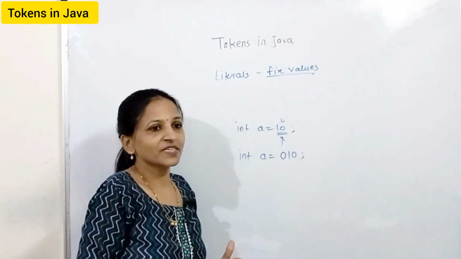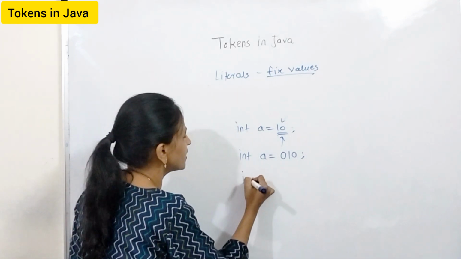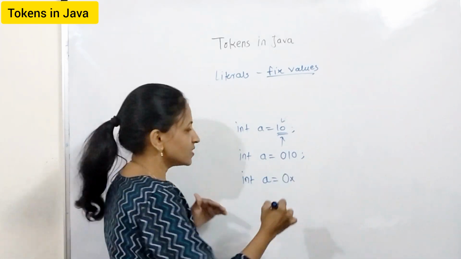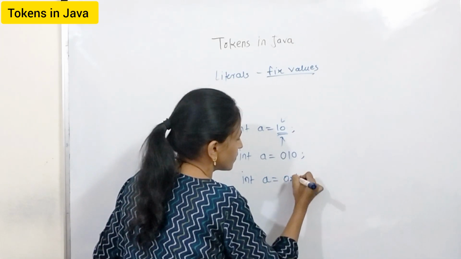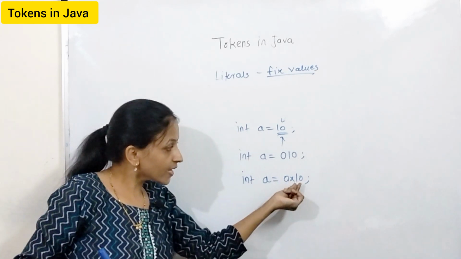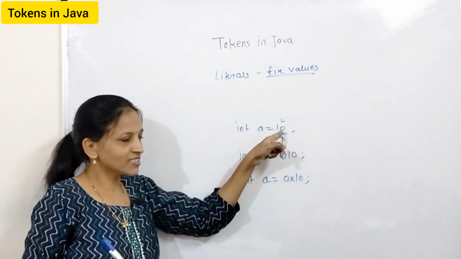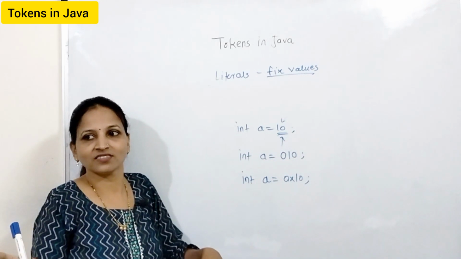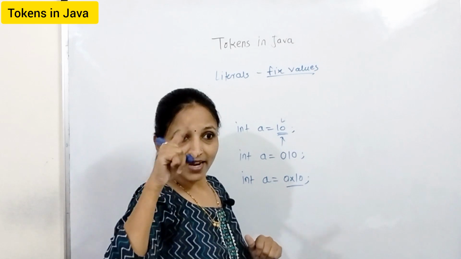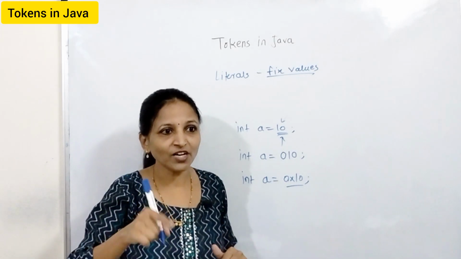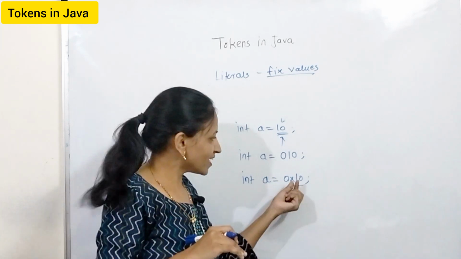Next, if you want to specify a hexadecimal literal, you write a equals 0x10, suppose. This is hexadecimal 10. In hexadecimal, to specify ten we have to specify a. That is different, and 10 is different.